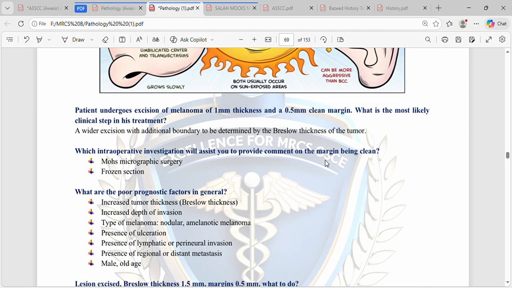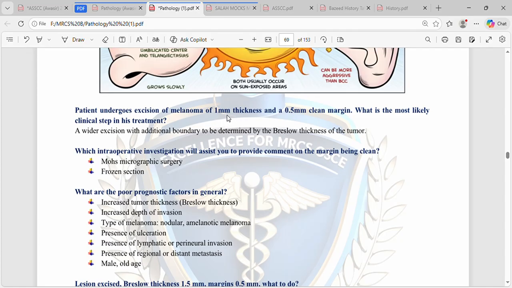Okay. A patient undergoes excision of melanoma of 1 mm thickness and 0.5 mm clean margin. What is the most likely clinical step in his treatment? A wider excision with additional boundary to be determined by the Breslow thickness of the tumor.